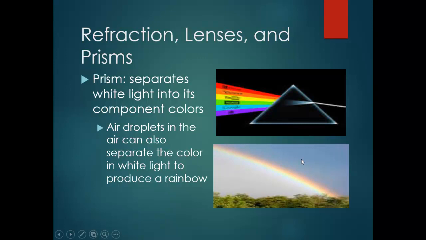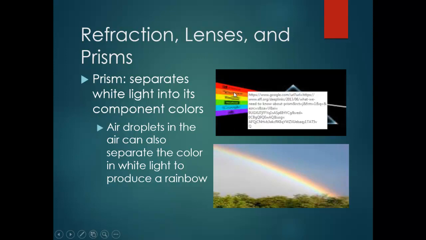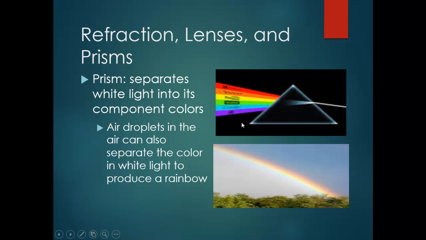After the rain falls, we can see the rainbow. What is the rainbow? The 7 spectrum colors. What makes the rainbow appear? The drops of water act as a prism, which separates the white light from the sun into 7 spectrum colors: red, orange, yellow, green, blue, indigo, and violet.